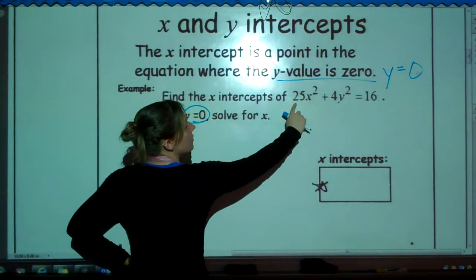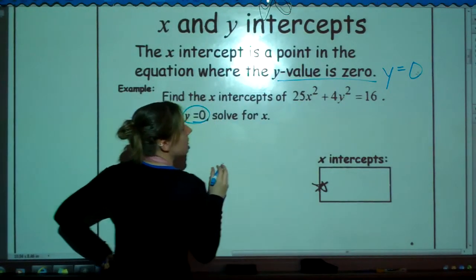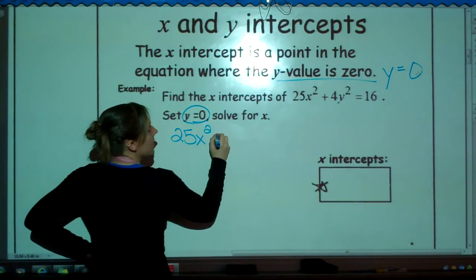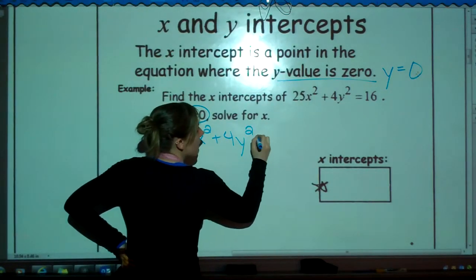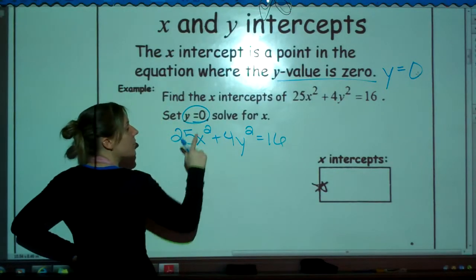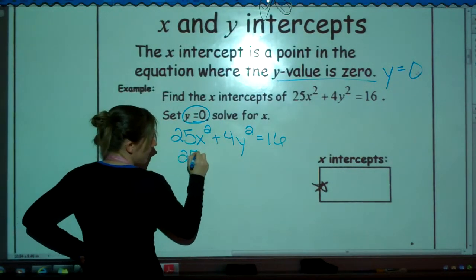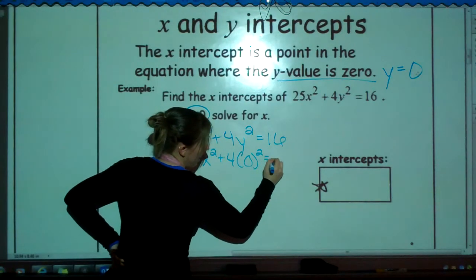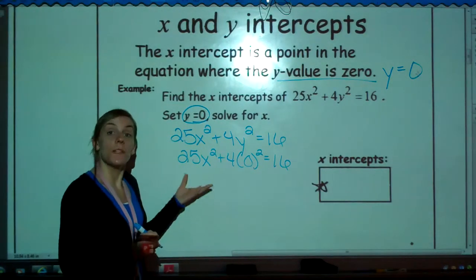So if this is the equation, 25x squared plus 4y squared equals 16, what we do is we put a 0 in for that y. Okay, and we solve for x.